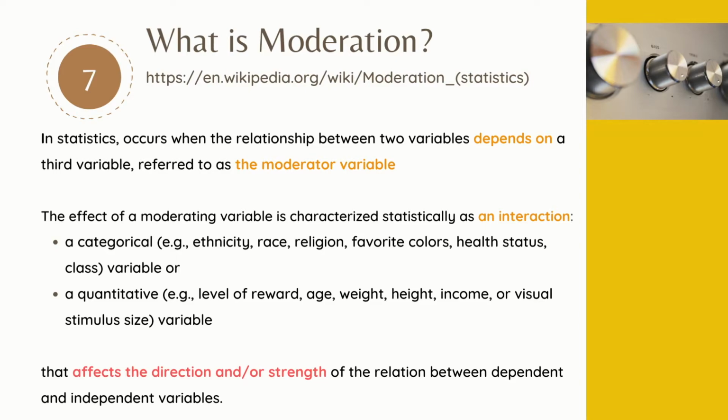The categorical variable can be either ethnicity, race, religion, health status, or class. And the quantitative variable can be anything like age, weight, height, income, or visual stimulus size. And this effect of the moderating variable affects the direction or strength of the relation between dependent and independent variables.